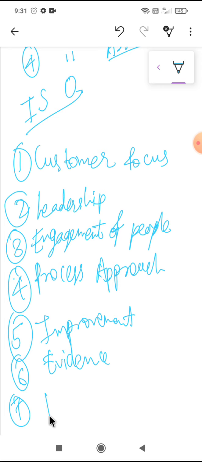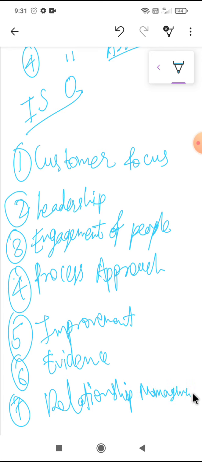Then the last is relationship management. For sustained success, an organization manages relationships with interested parties such as suppliers and retailers. Interested parties influence the performance of an organization.